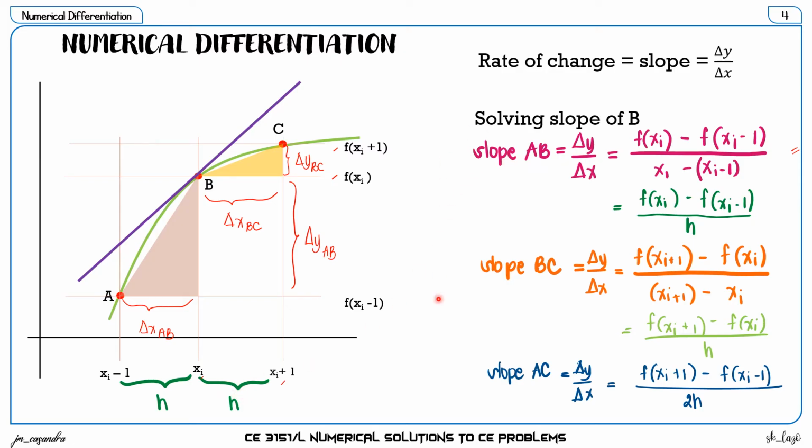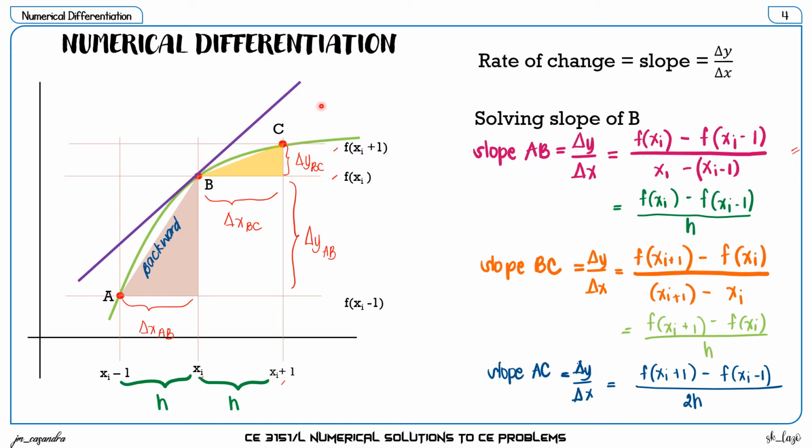This is the derivation of our equations for numerical differentiation, in which slope BC is what we call your forward differentiation, and AB is your backward differentiation, since we are considering point B and the point before it.